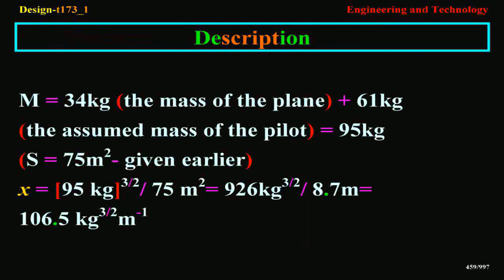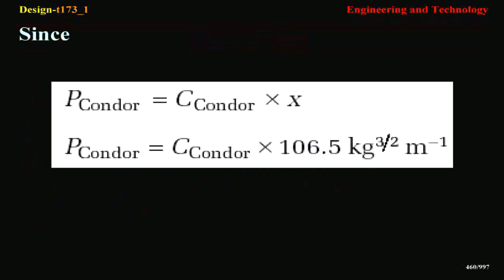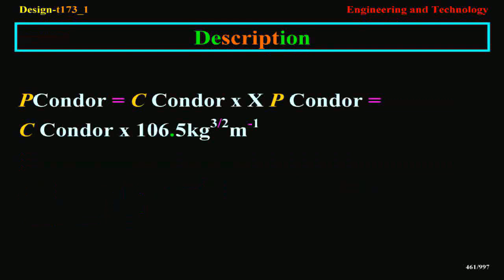X equals 95 kilograms³ᐟ² over 75 m², equal to 926 kilograms³ᐟ² over 8.7 meters, equal to 106.5 kilograms³ᐟ² per m. Since P_condor = C_condor × X, P_condor = C_condor × 106.5 kilograms³ᐟ² per m.